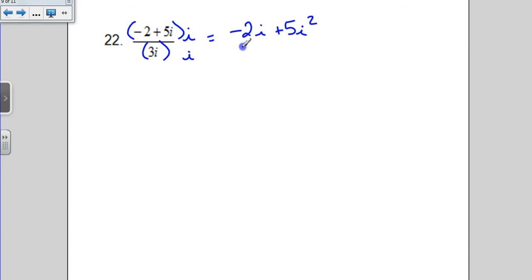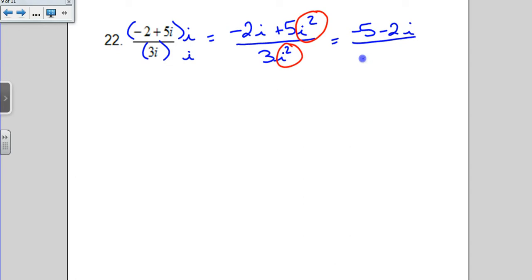I know we have some work to do there. And then in my denominator, I've got a 3i squared. Well, anything that's an i squared is going to change to a negative 1. So we end up with, and I'm going to rewrite the order of my numerator, a negative 5 minus 2i over a negative 3.